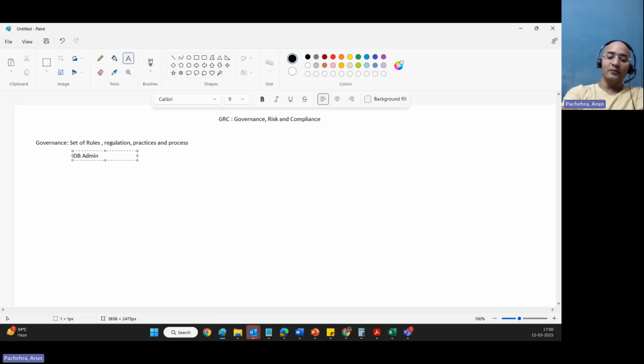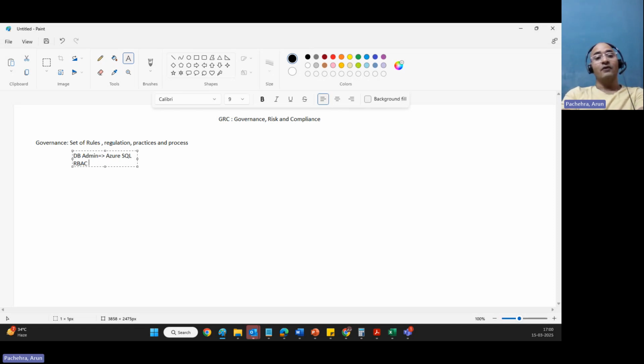Only a DB admin should have rights to manage Azure SQL DB or database. In that situation, what will we do? Well, we will apply RBAC, which is role based access control. What is the role? The DB admin role. So only folks who have the DB admin role permissions would be able to manage the Azure SQL.